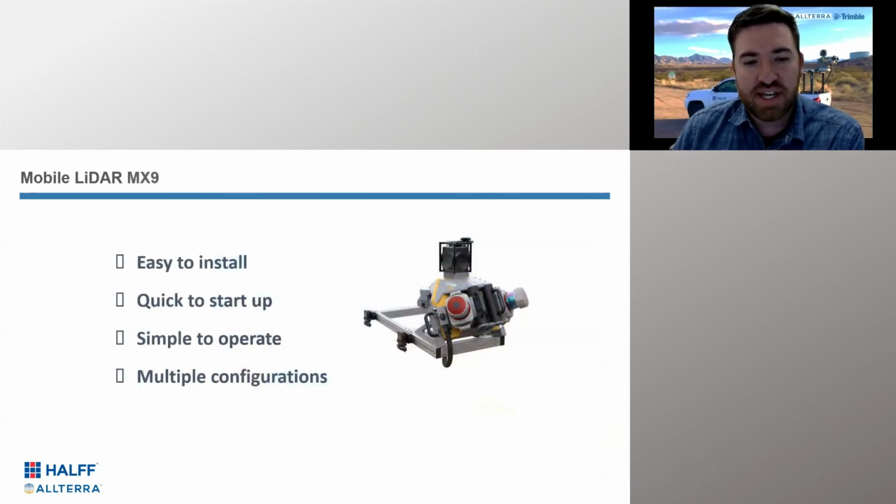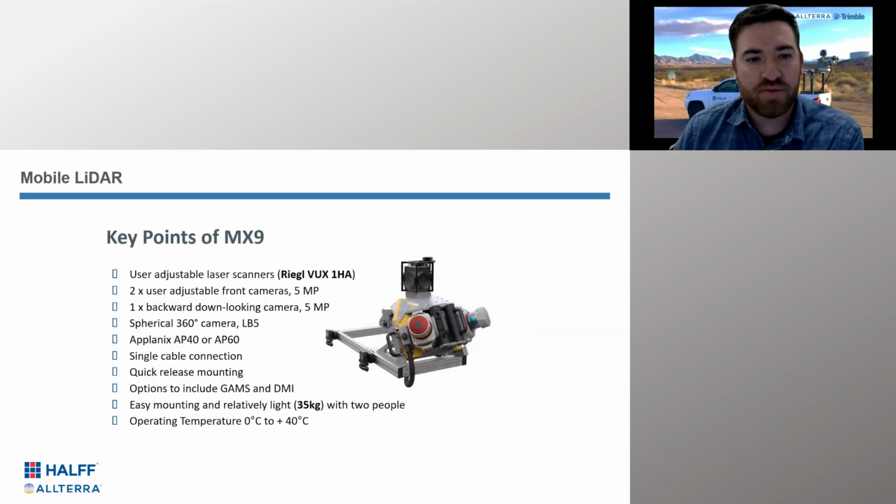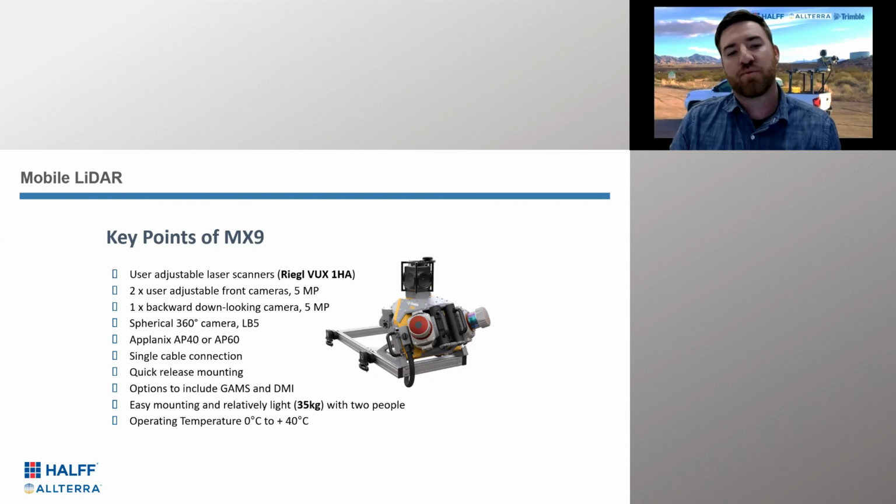So again, easy to install. It's a great system, very compact and very flexible for us. It's got the Riegl units on it. We have the top of the line Applanix AP60 on it.